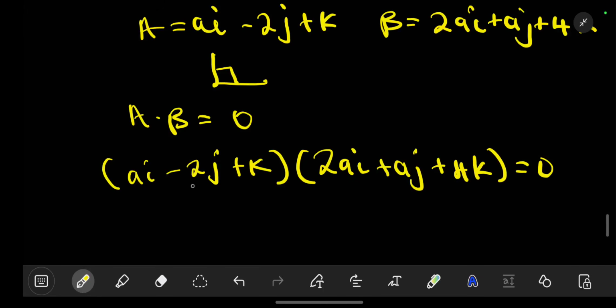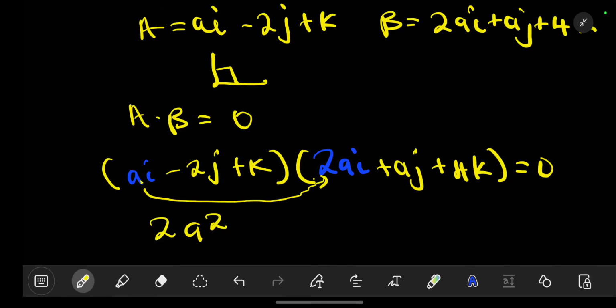Then all we have to do is multiply the like terms. The one with i multiplies with the one with i, so 2a times a will be a squared.